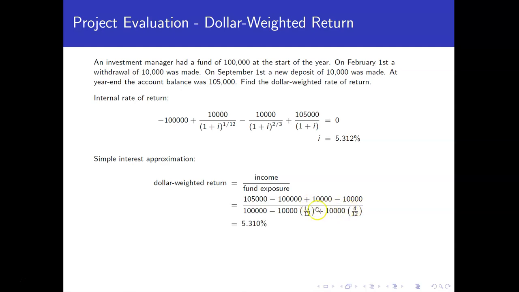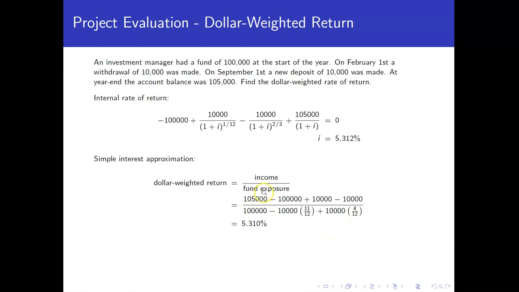Now, these would have opposite signs than perhaps what you would think, but again, this $105,000 would have had an extra $10,000 had you not withdrawn that, and this $105,000 has an extra $10,000 because you put in a deposit. So we're adjusting those two transactions.